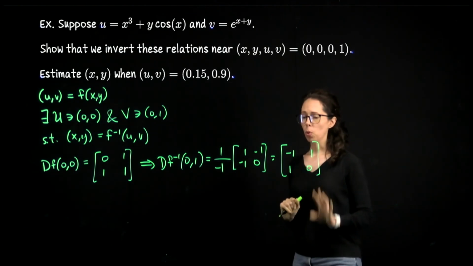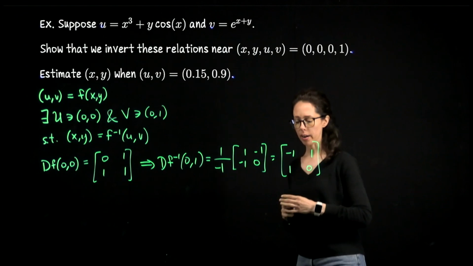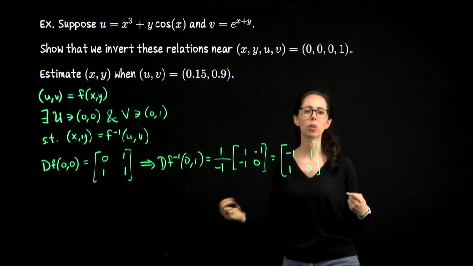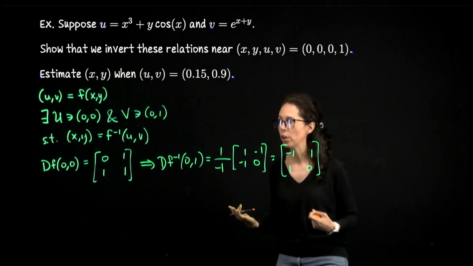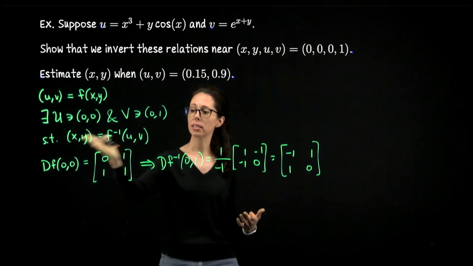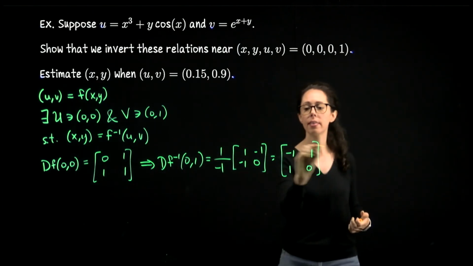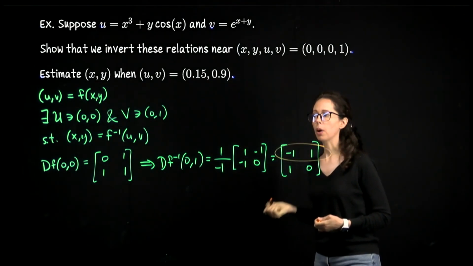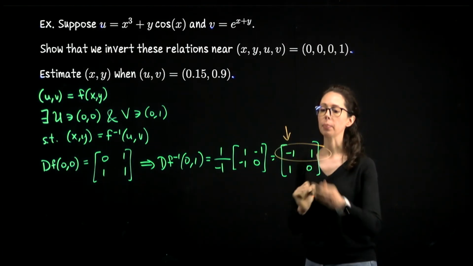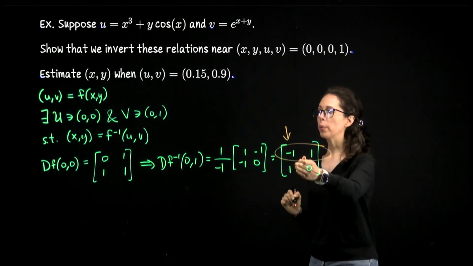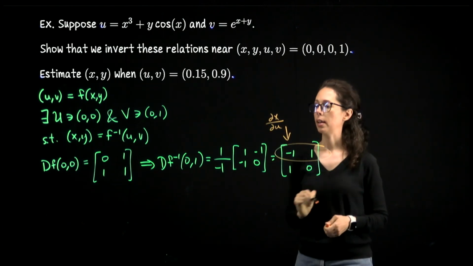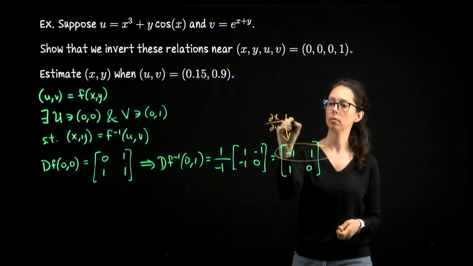I should say a little bit more about what each of these entries are. So we have the matrix here. We don't have the function, but we know that it would be a function where the first coordinate output x is a function of u and v. That means that this row corresponds to the partial derivatives of x with respect to u and v. So this negative 1 up here in the top left corner, that's what we would think of as dx du at the point 0, 1.